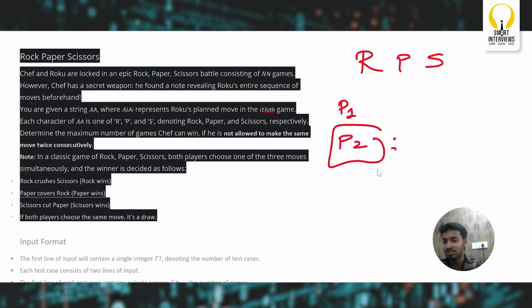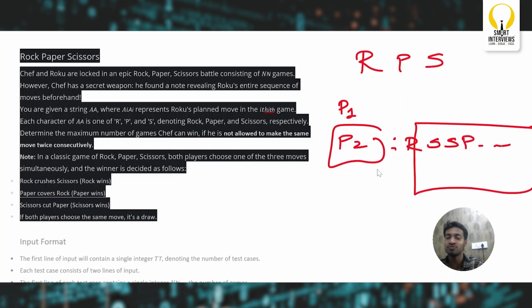First it was rock, second it was scissors, third, let's say he chose scissors again, then something like paper. Now player one was able to find this paper, where all the n moves are there for those n games.